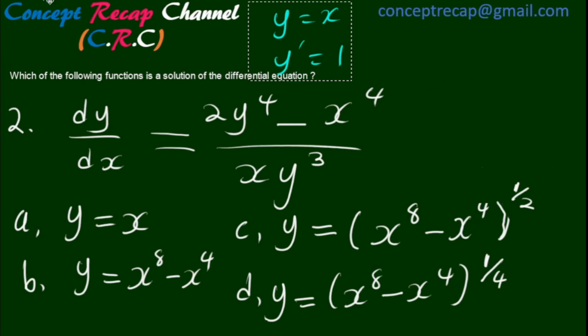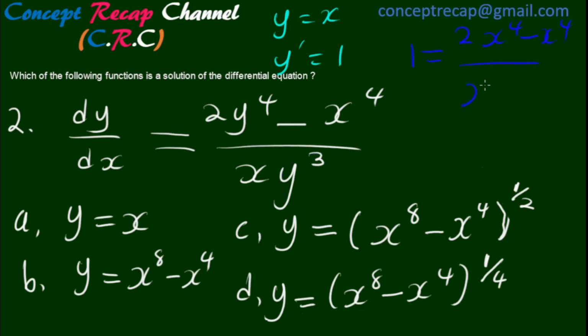The left hand side will be 1, and the right hand side will be 2x to the power 4 minus x to the power 4, divided by x to the 4th.